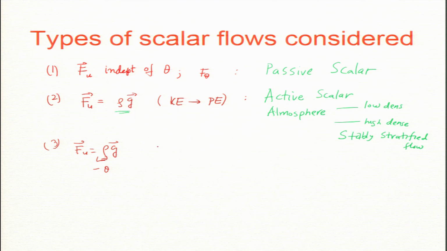Here it turns out potential energy goes to kinetic, or theta drives the kinetic energy. When you heat the water, kinetic energy increases by heating. So thermal temperature pushes kinetic energy, and this is thermal convection.